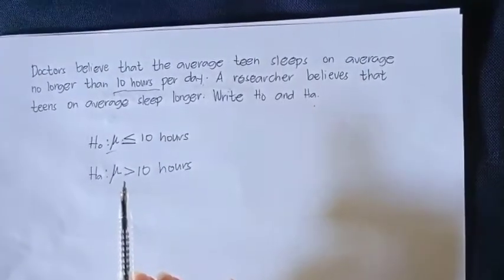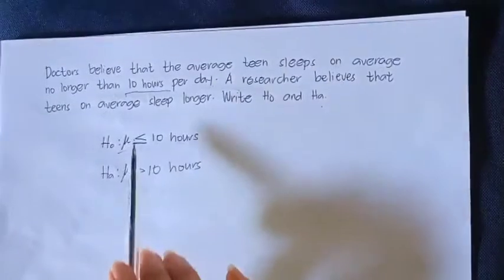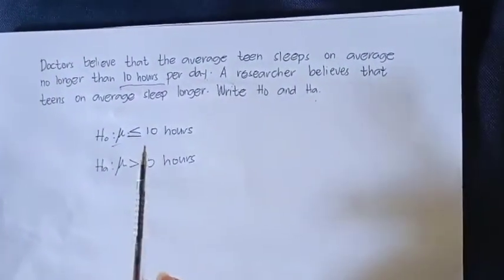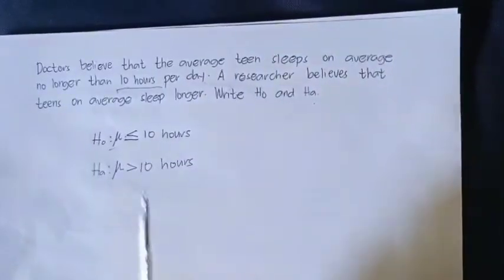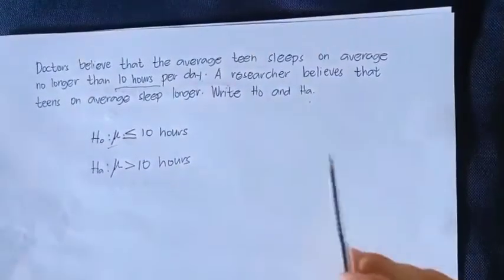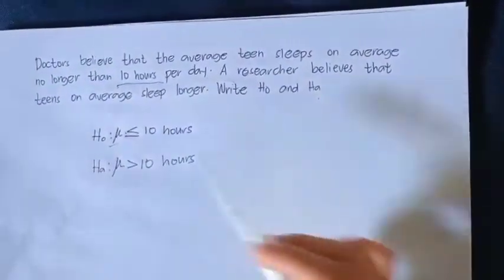The equal sign goes with the null, covering all the way up to and including 10 hours. The alternative would be 10.1 hours, 11 hours, 12 hours, anything greater than 10. Exactly 10 is included in the null. Notice that the null and alternative are mathematical opposites of one another.